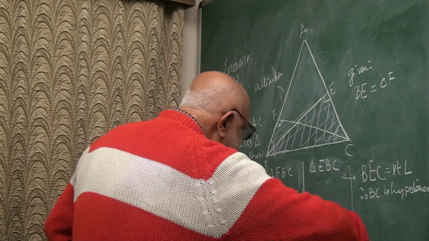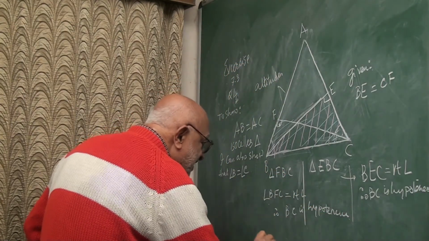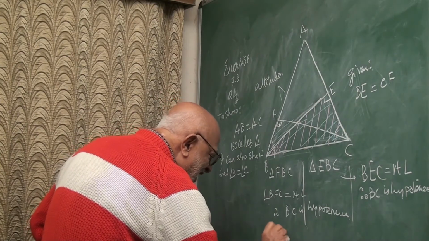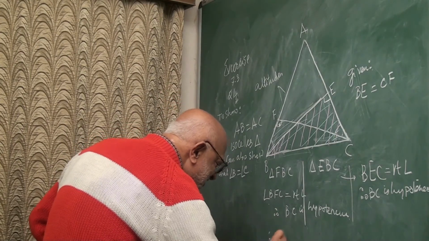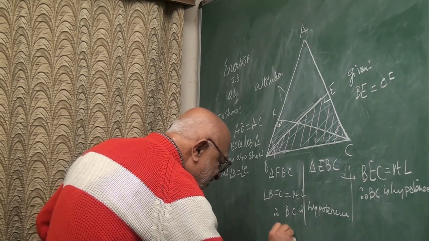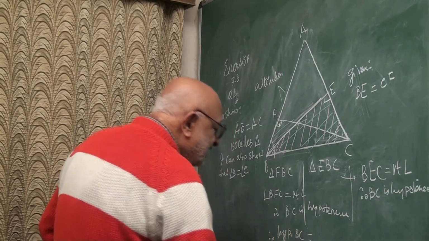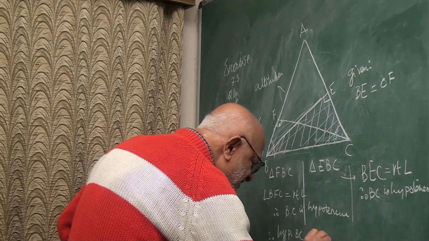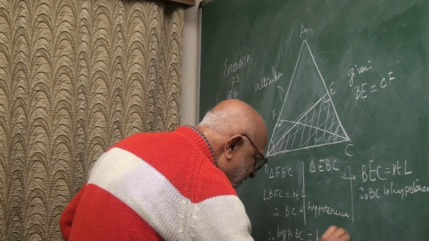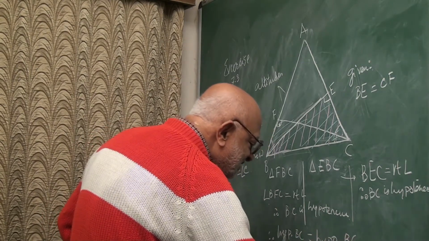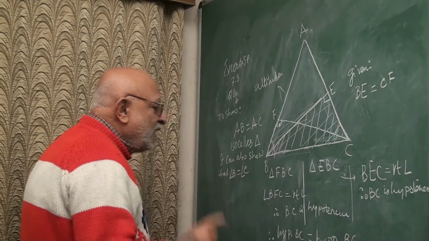Therefore, in this triangle, hypotenuse BC is equal to hypotenuse BC. Okay, so I need one side.